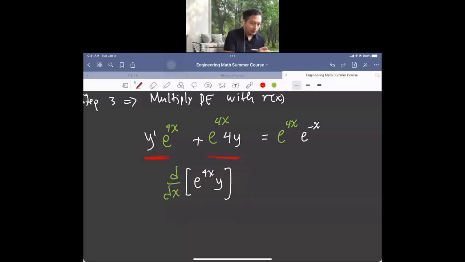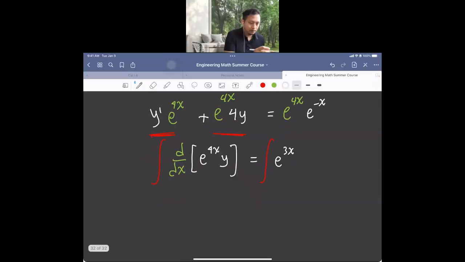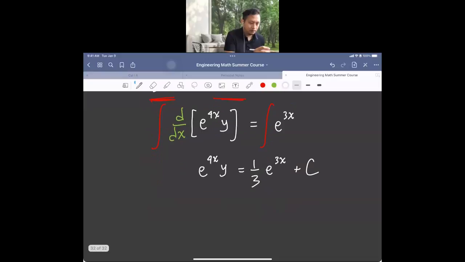So we can have this, and we have to integrate both sides. The right side integrates to 1 over 3 e to the 3x. So this becomes e to the 4x y equals 1 over 3 e to the 3x, and I will add a constant here, c1.